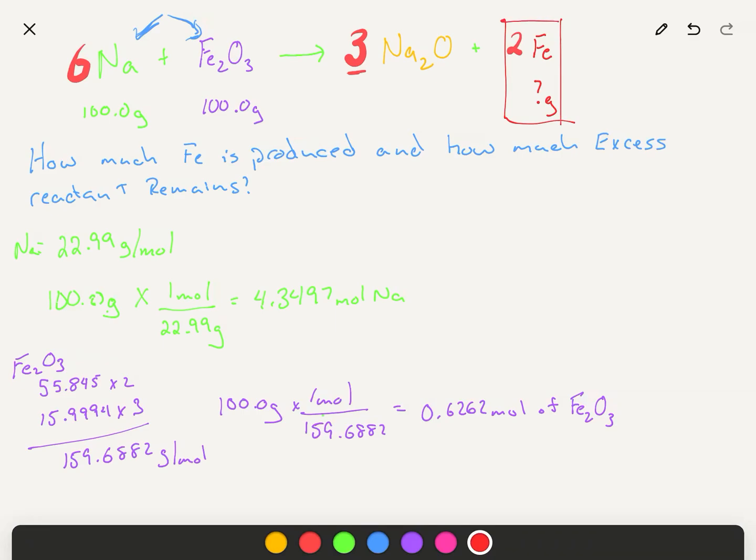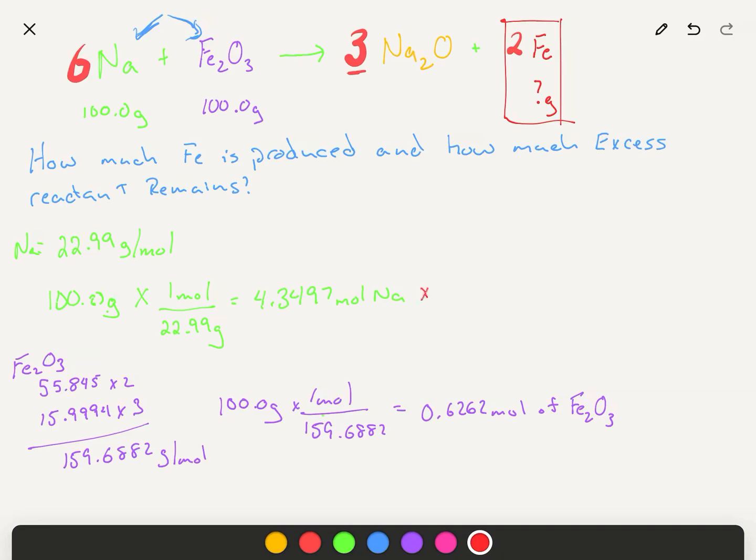So what I would do is figure out how many moles of iron each of these would produce if I had all of it used up. To do that, I'm going to multiply by my molar ratio so I can get rid of the moles of sodium and find the moles of iron.